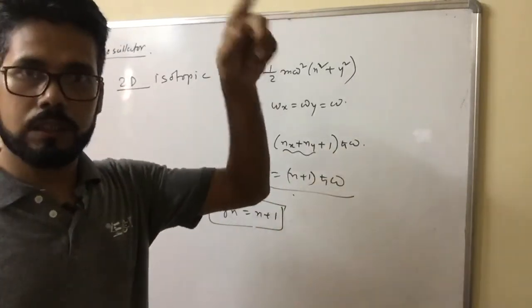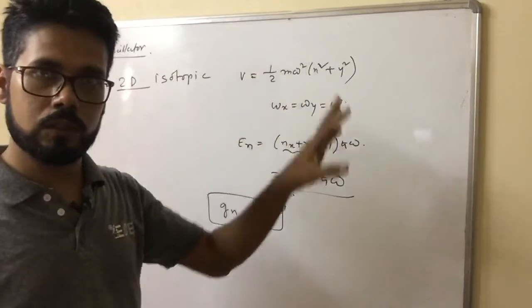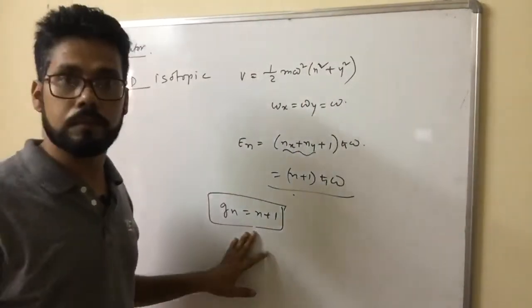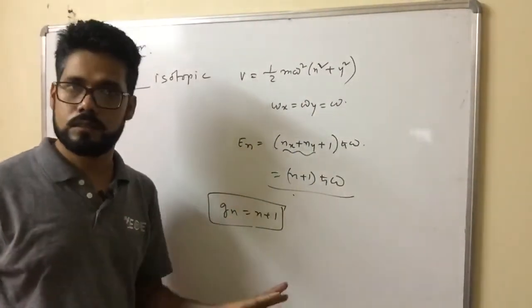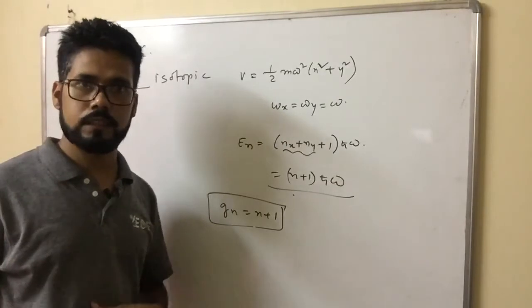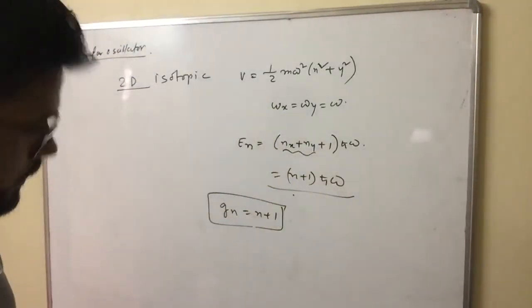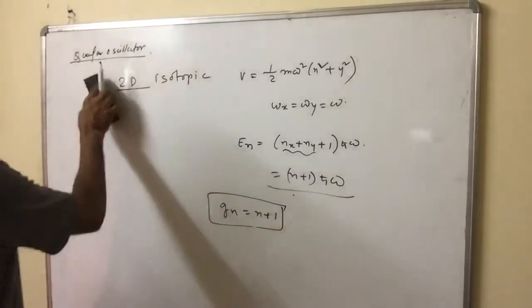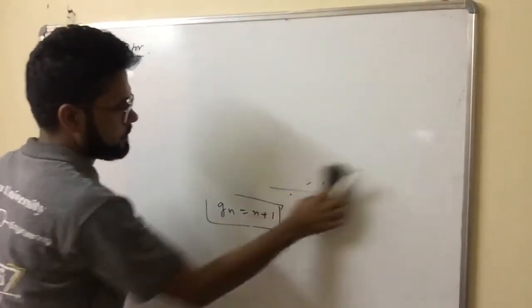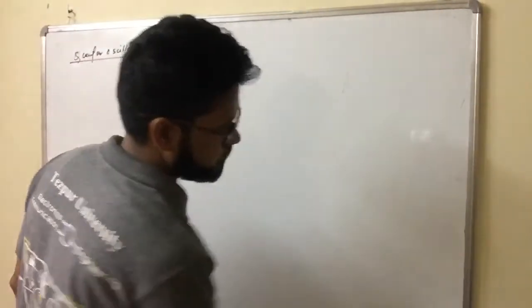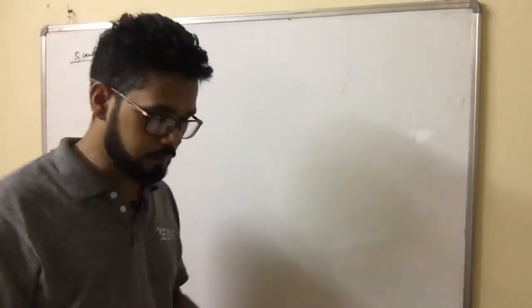Half (n plus 1)(n plus 2) is the degeneracy of the harmonic oscillator in three dimensions, this is two dimensions. And in one dimension degeneracy does not exist, meaning degeneracy equals 1. This is the two-dimensional harmonic oscillator.